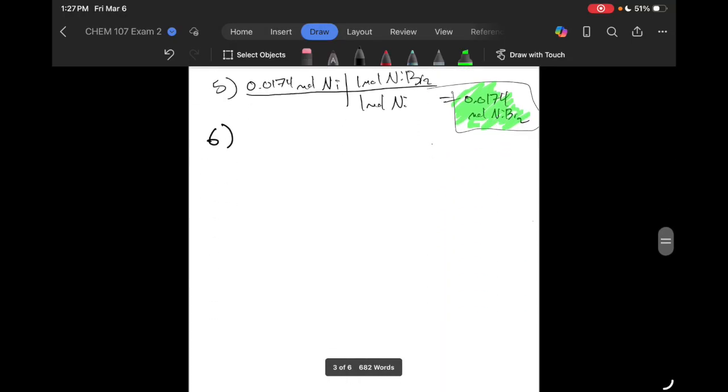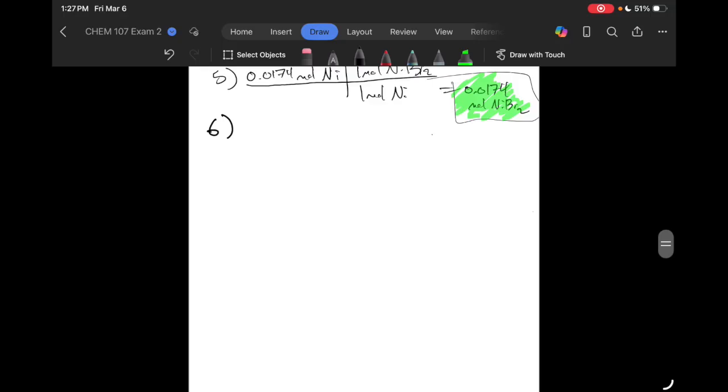And so what I like to write is just this: the amount that you started with, minus the amount that you used, is equal to the amount that was left over of that specific ingredient.